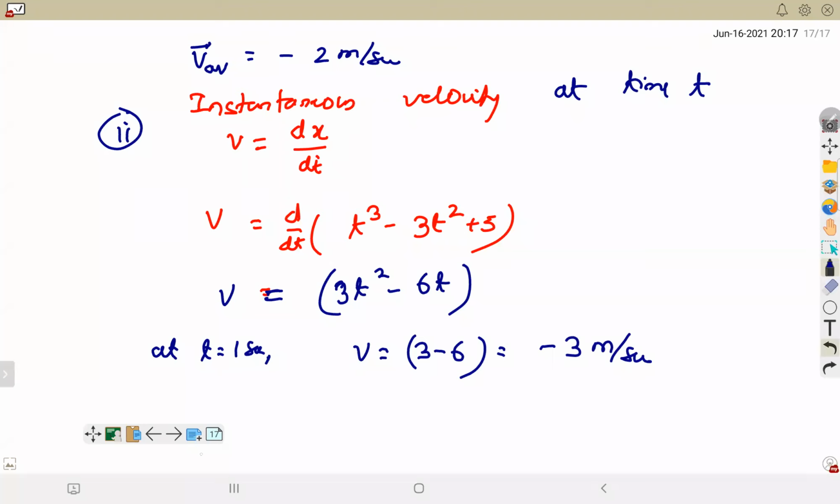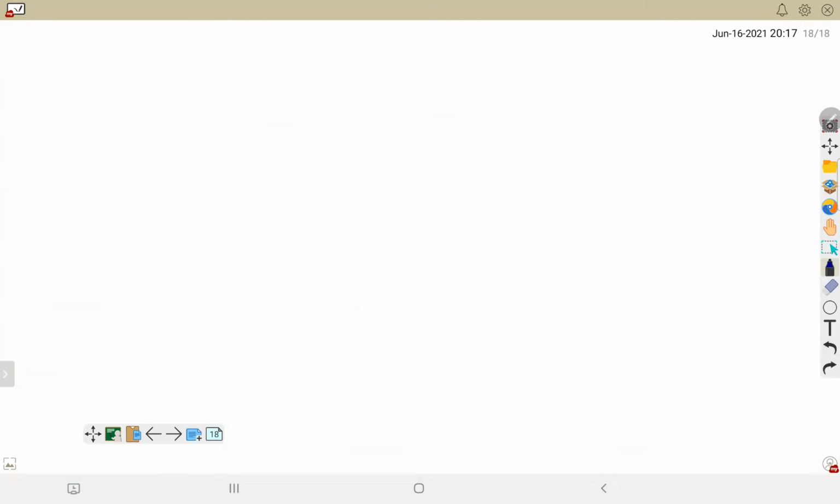Average velocity, instantaneous velocity. So we are calculating with the help of equation. Next question. A particle moves on a circle. So far we were on a straight line, now we will take general cases, when the particle is moving on a two-dimension path also.